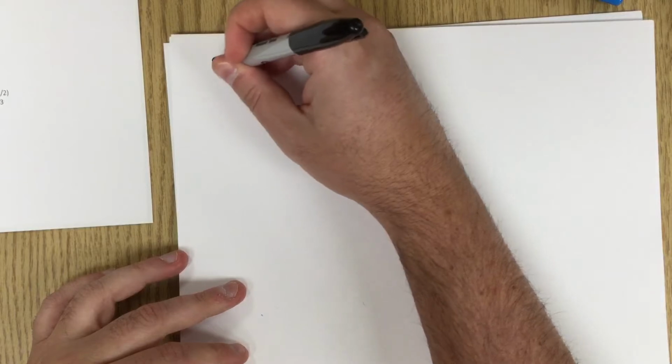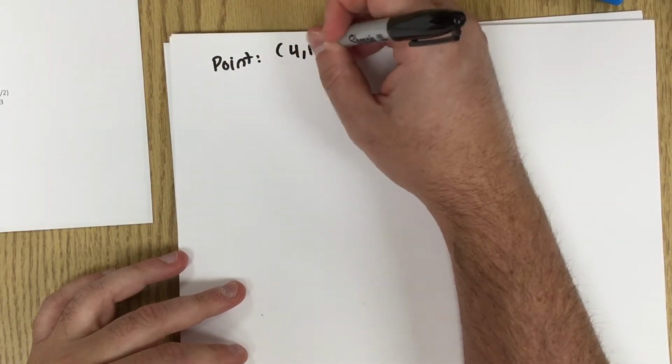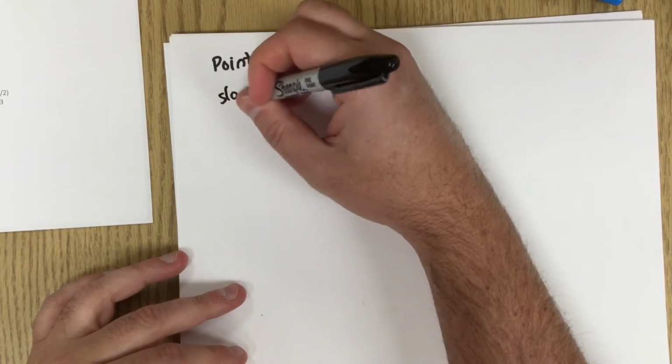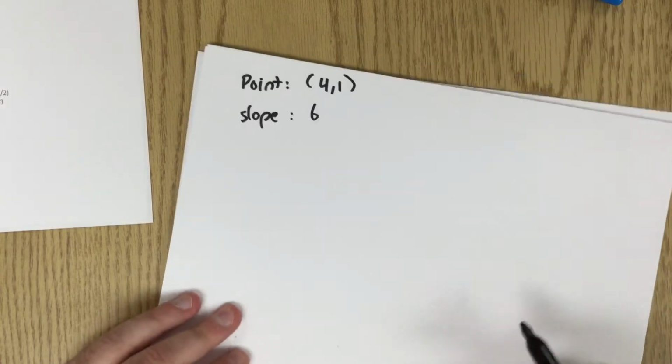So let's say my point was (4, 1) and the slope was 6. It's going to be a little bit harder to draw.